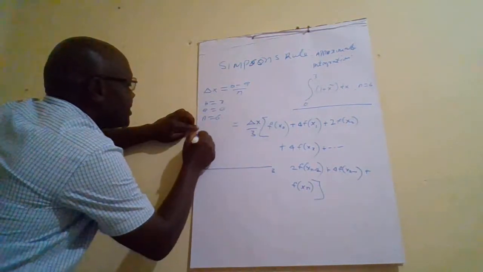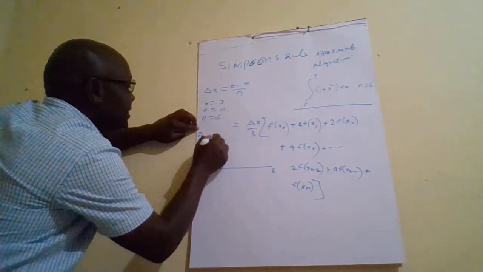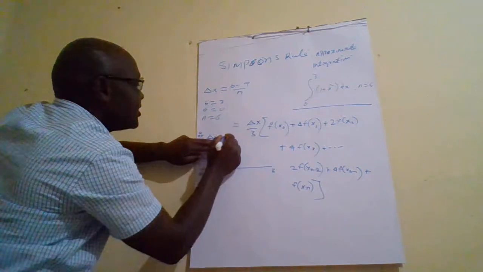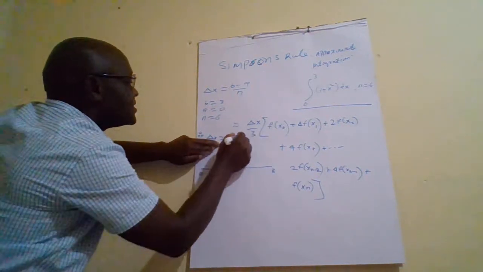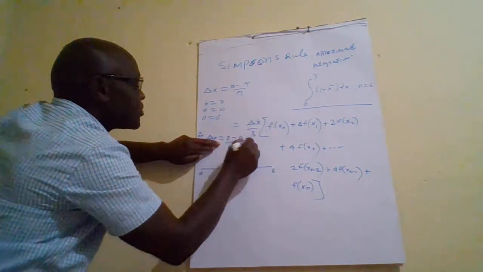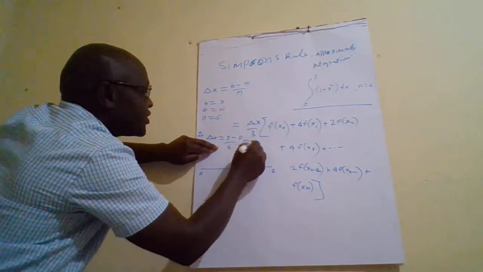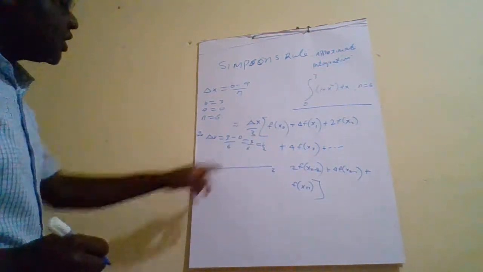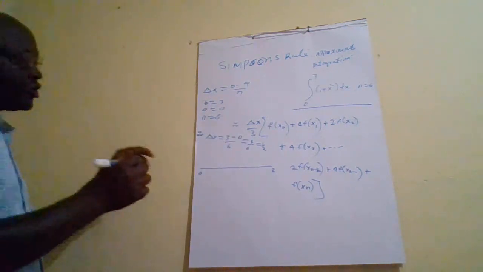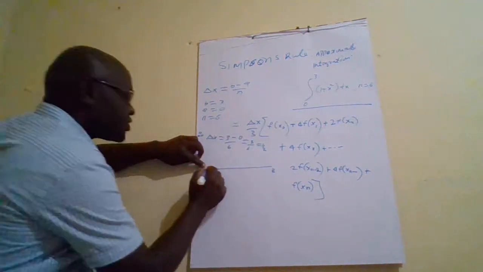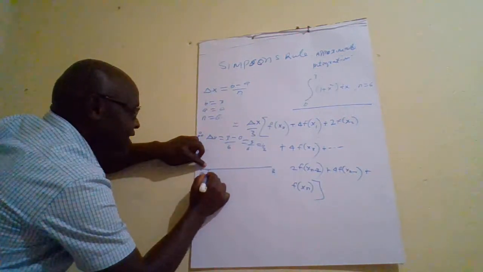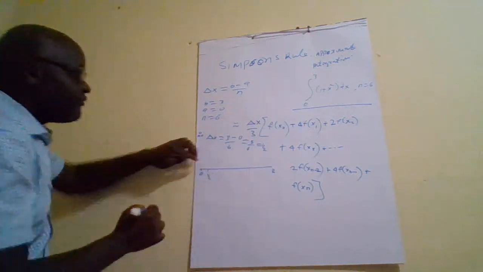Therefore, del x will be equal to b, which is 3 minus 0 all over 6, which equals 3 over 6, which is a half. Therefore, we divide this. Our first is 0, then the next is a half.